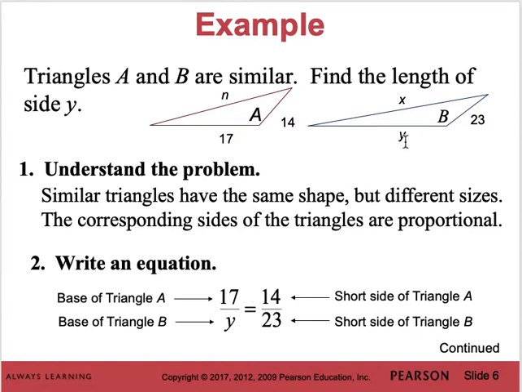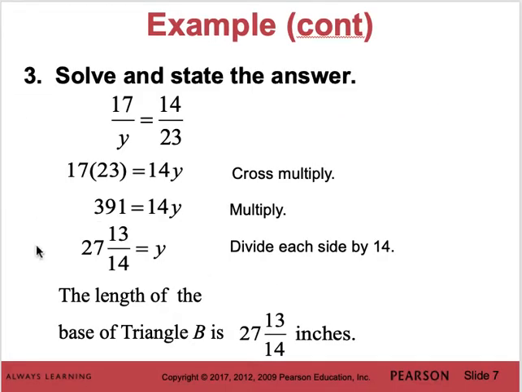So maybe you started with y first and you put y over 17. That's okay, as long as you also start with 23 and put that over 14. Either way, you would end up with the same result when you cross multiply and simplify to solve for that variable of y. In this case, after cross multiplying and dividing, we get 27 13/14 of an inch.